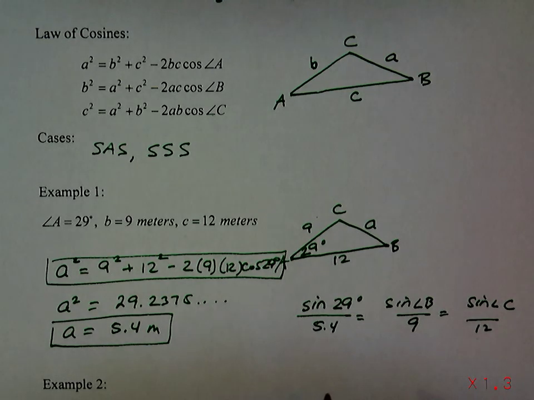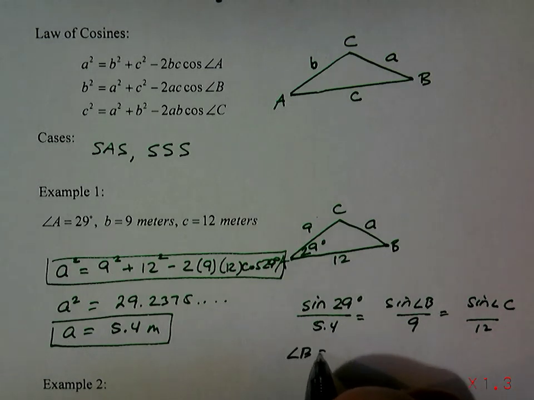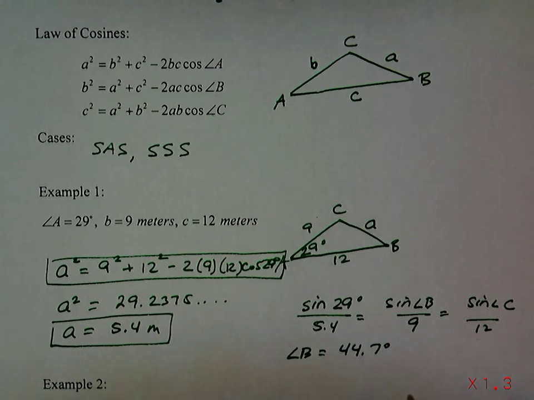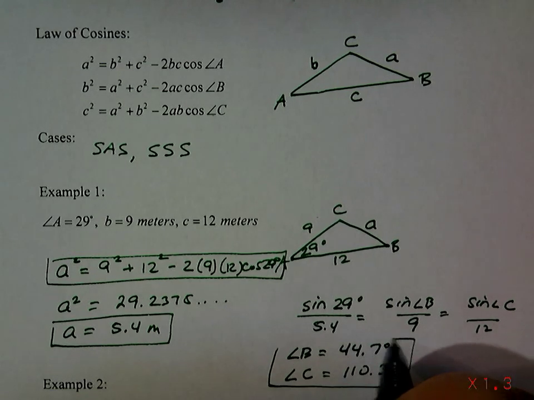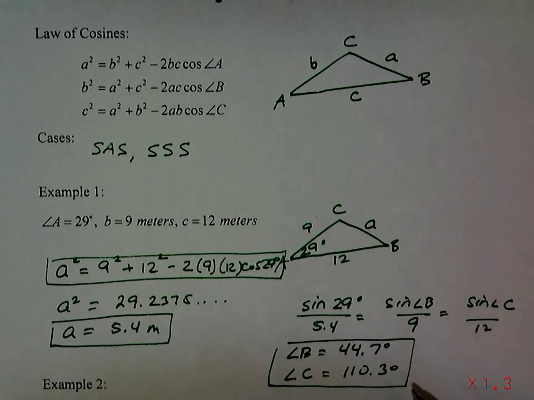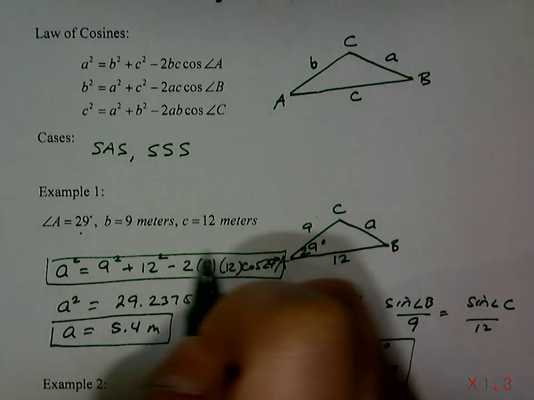You would cross multiply, and I get angle B is equal to 44.7 degrees, and angle C is equal to 110.3 degrees. And you could double check all your angles: angle A was 29, angle B was 44.7, and angle C was 110.3 degrees. Double check to make sure it's 180 degrees. So this was side, angle, side.